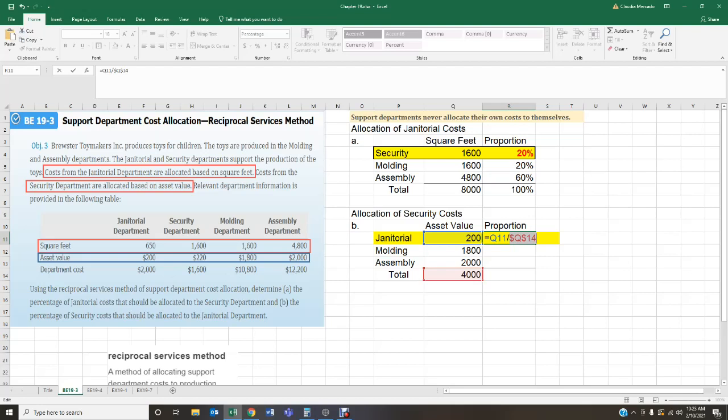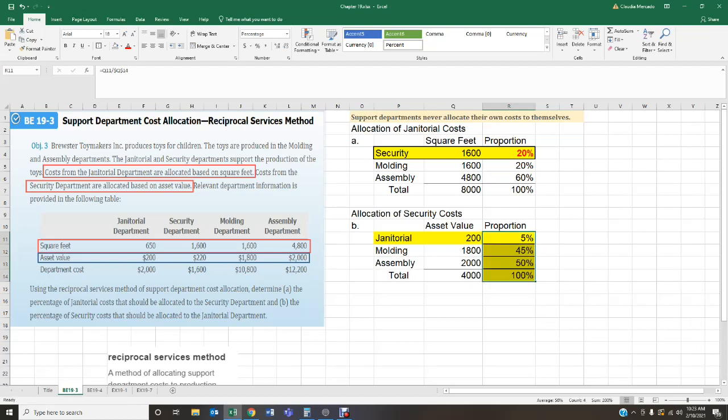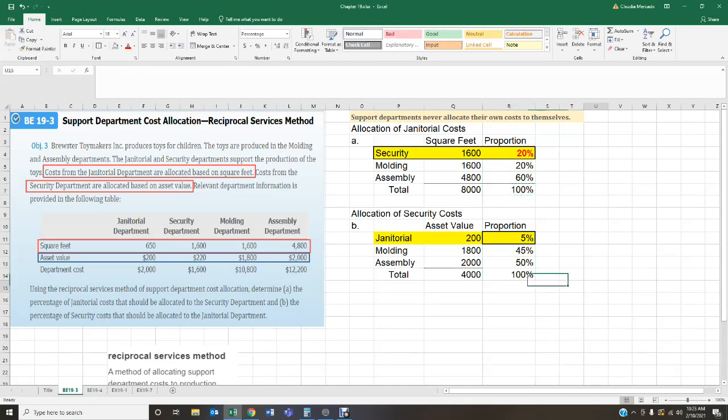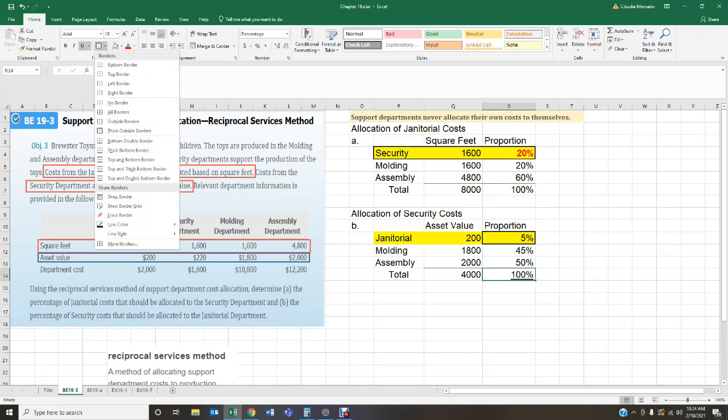I'm going to divide 1,800 by 4,000, and I'm going to divide 2,000 by 4,000. That way the 4,000 remains constant. Once you have that, you can just drag it down. And I am not going to format those.